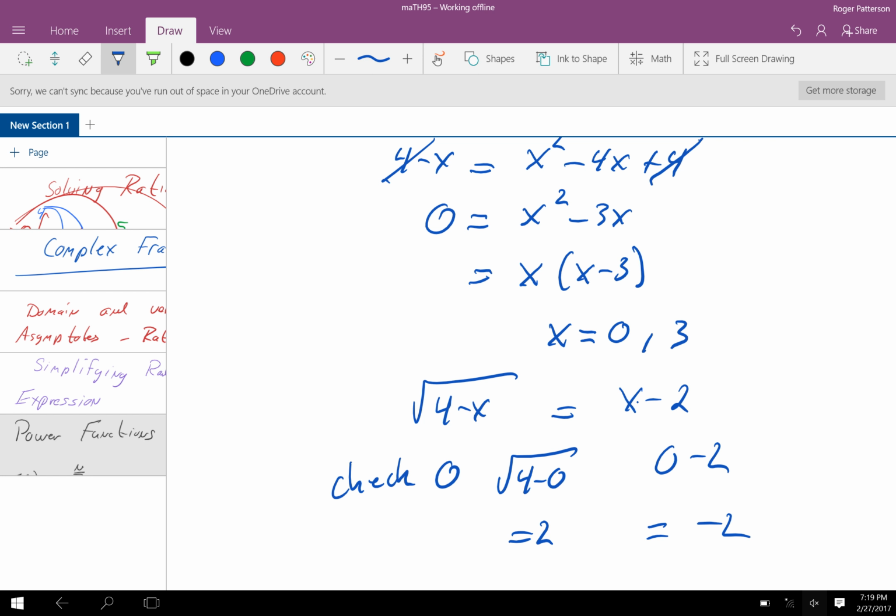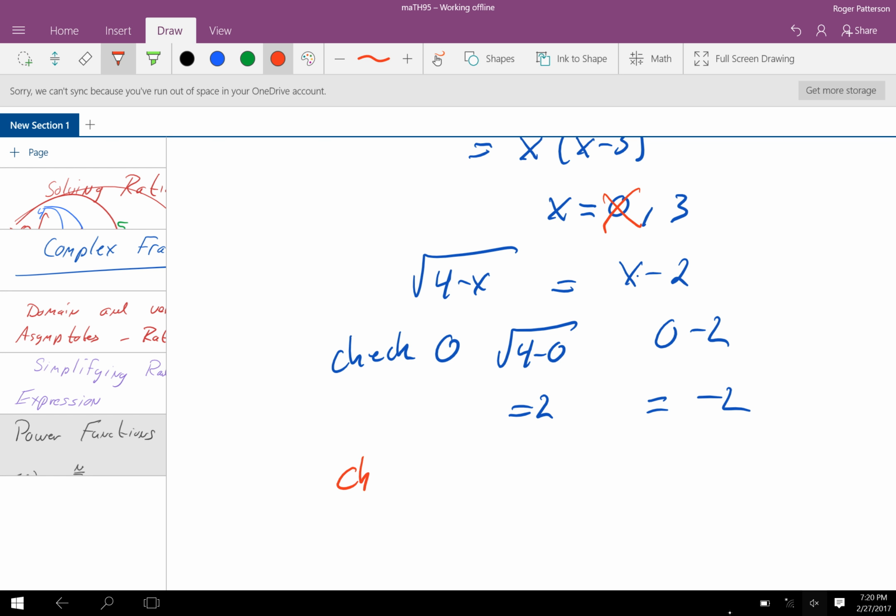So 0 is no good. Can't use it. Okay, now we should check 3. 3 works. So 3 is okay.